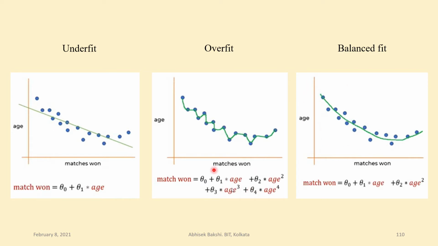These are too much. And if you somehow keep this theta 3 and theta 4 as 0, I will get a similar equation which is representing a balanced fit curve something like this.